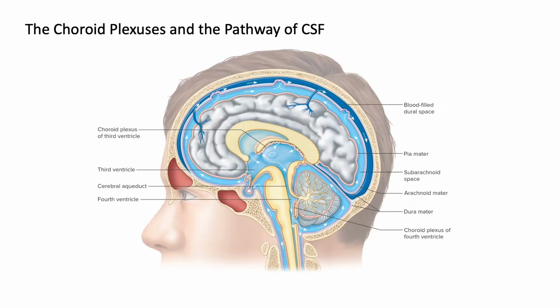This slide shows the flow of cerebrospinal fluid in the brain. I think it is worth mentioning that the cerebrospinal fluid flows from the lateral ventricles to the third ventricle and to the fourth ventricle into the central canal of the spinal cord, but eventually cerebrospinal fluid flows in the subarachnoid space, this area, and from the subarachnoid space it is finally absorbed in the blood.